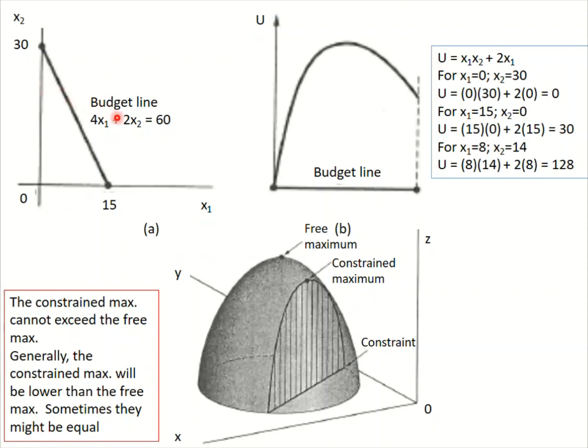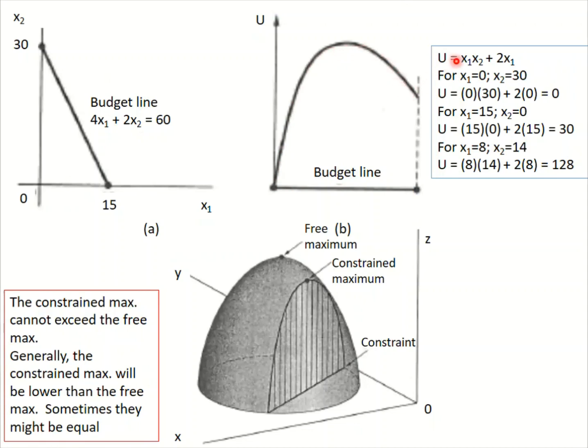We can now illustrate the budget constraint as well as the utility function using this graph here. We have the budget line depicted over here, and we have also drawn utility on this graph.